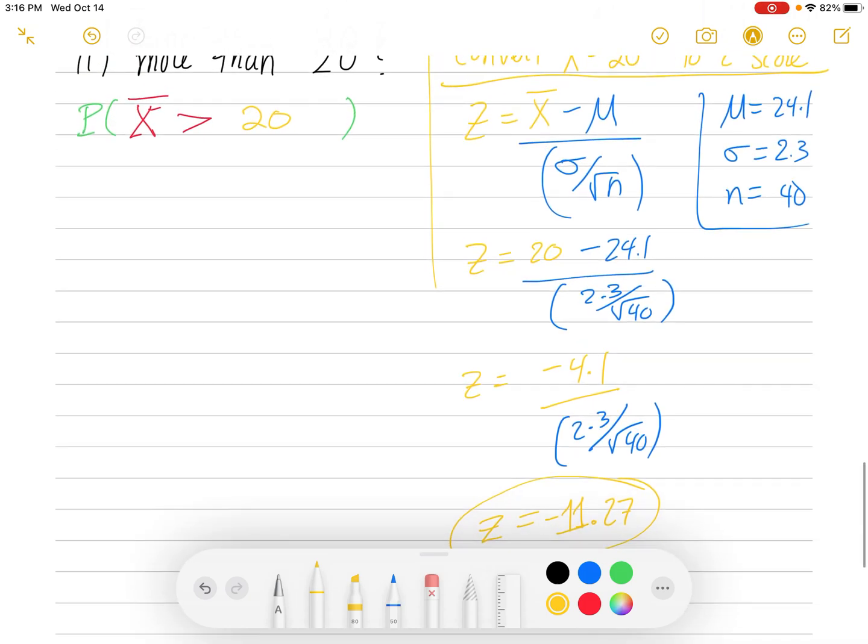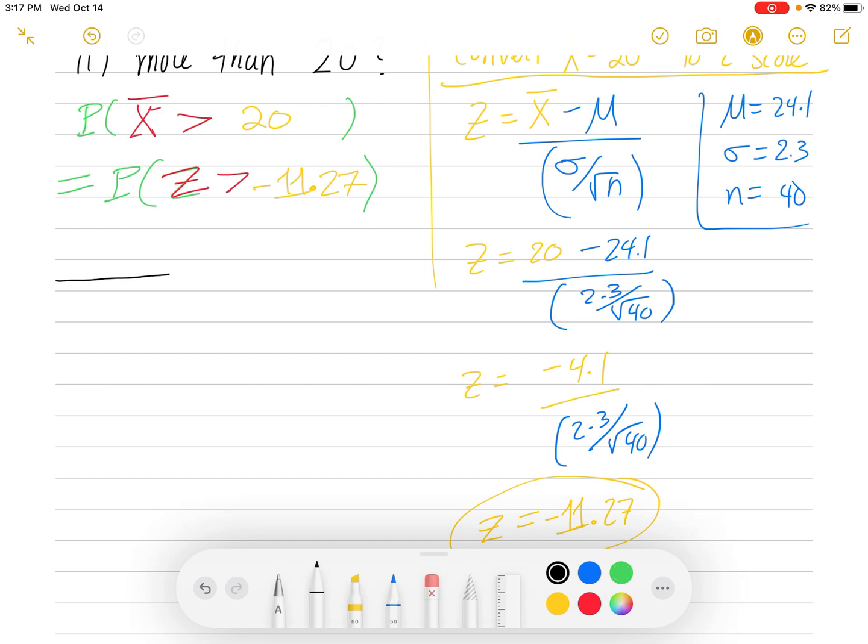So that's what 20 got converted to. So we can write the probability of getting a z-score, right? X bar got converted to z. 20 got converted to minus 11.27.